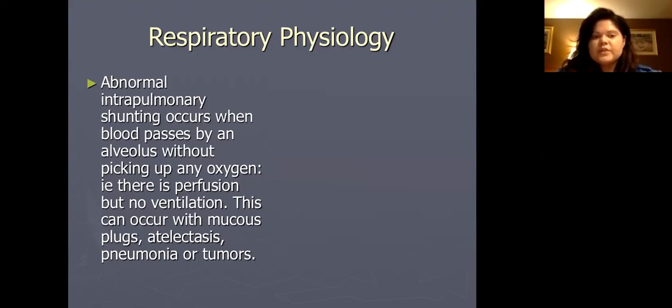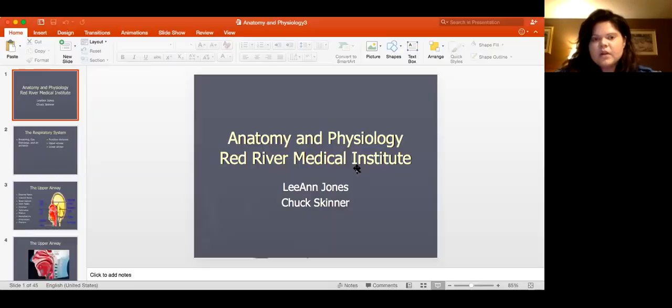Any abnormal intrapulmonary shunting occurs when blood passes by an alveolus without picking up any oxygen, so if there's ventilation, is what that's saying. This can occur with mucus plugs, atelectasis, pneumonia, or tumors. And that is the anatomy of upper and lower airways in the respiratory system.